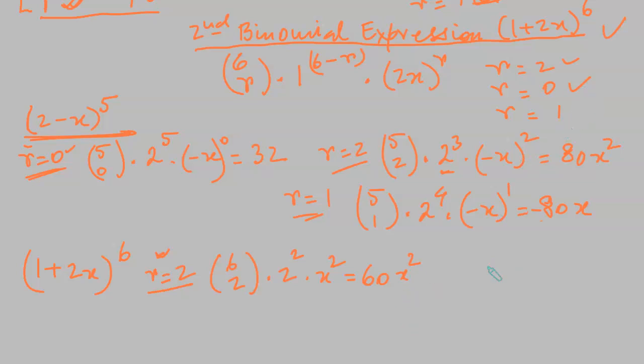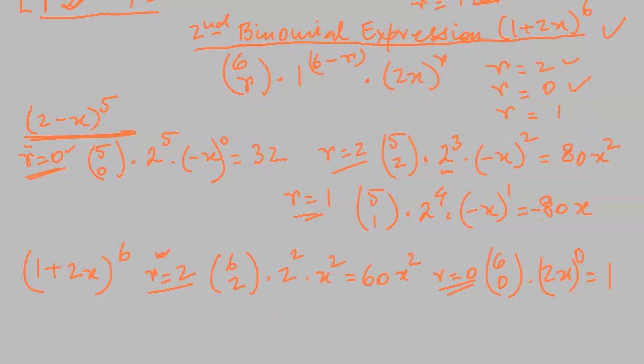Then comes r equal to 0. So it will be 6C0. 1 raised to the power of 6 minus 0, I am leaving that part, and 2x raised to the power of 0. nC0 is equal to 1 and anything raised to the power of 0 is equal to 1. Therefore, this is equal to 1.